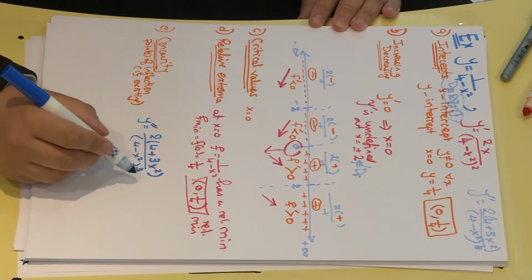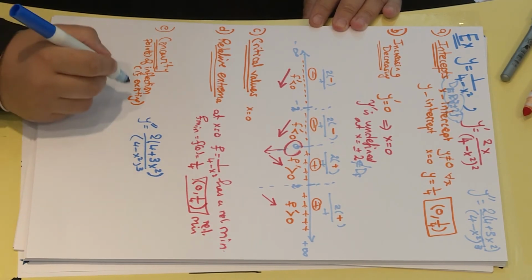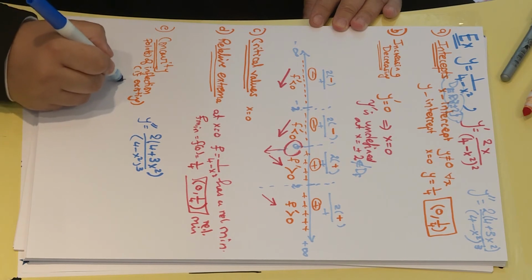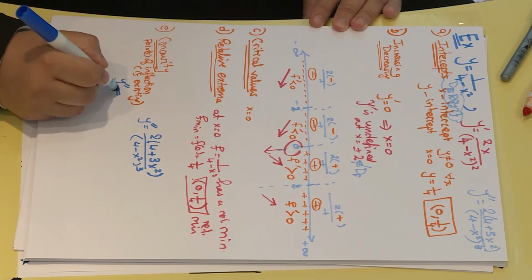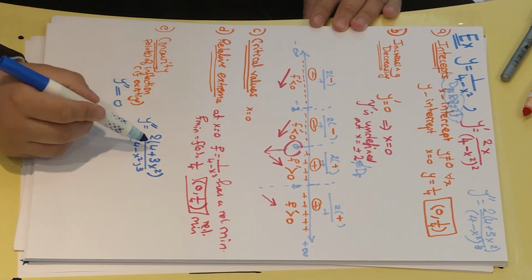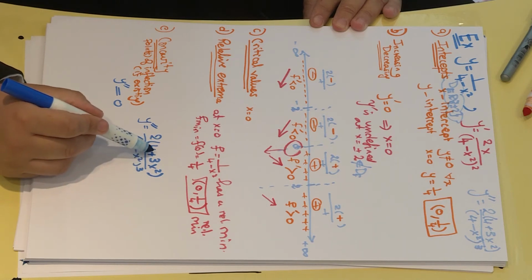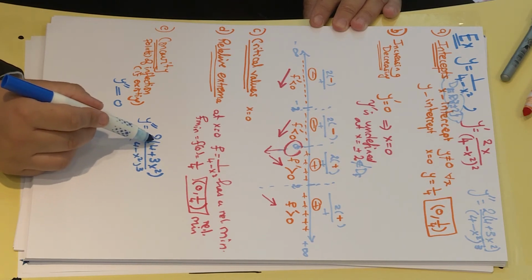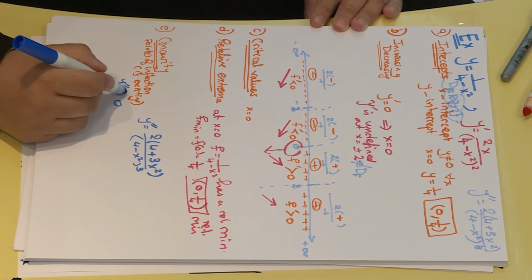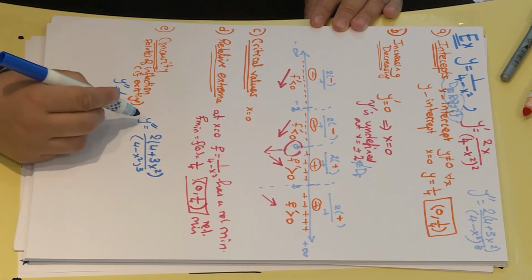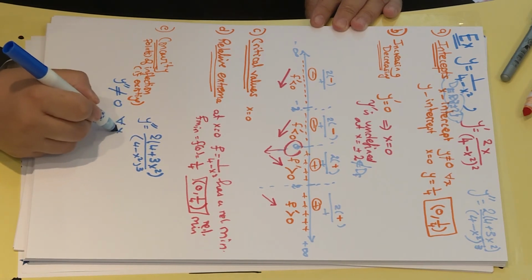So we should say, can y double prime at all be equal to 0? We can see that this is a square plus something which is positive, so the numerator is never 0, so y double prime is not 0 for all x.